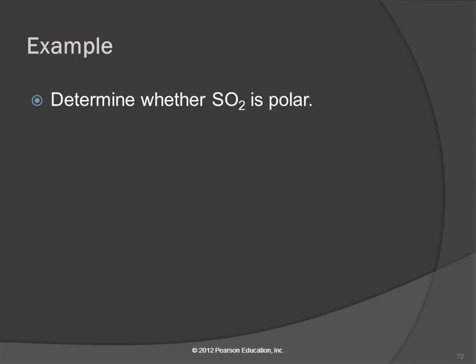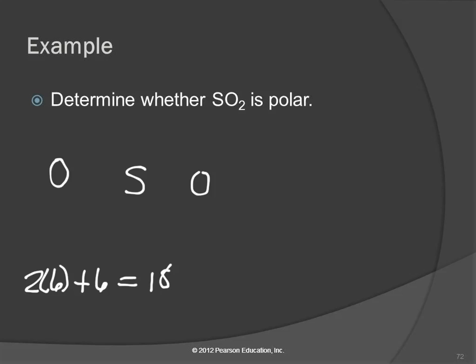Let's do SO2. Well, sulfur, oxygen, oxygen: 2 times 6 and 6, 18. 2, 4, 6, 8, 10, 12, 14, 16, 18.